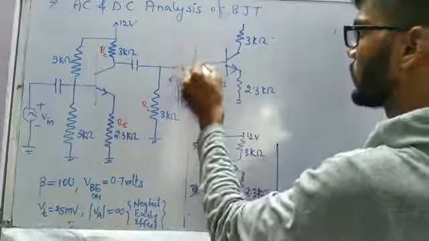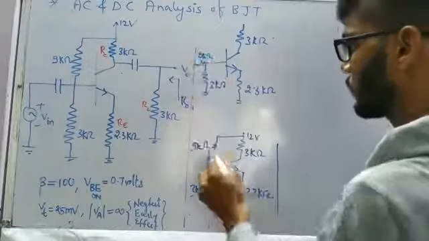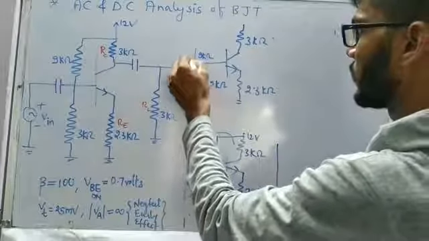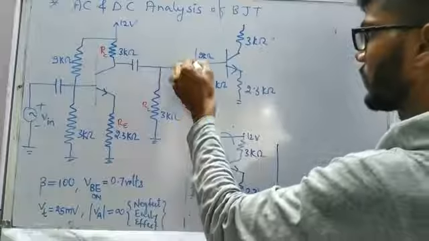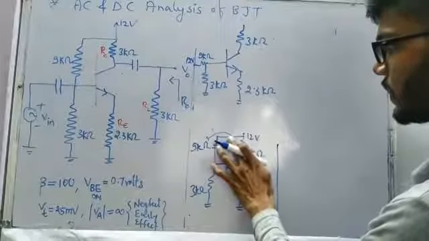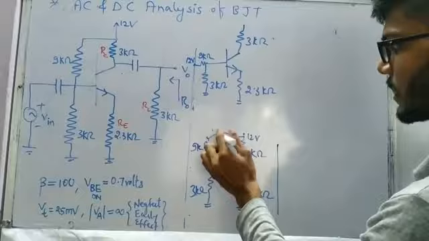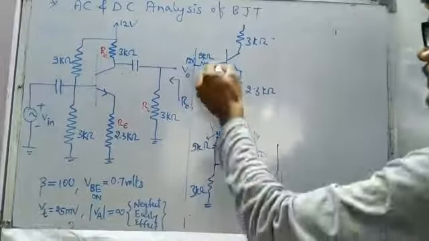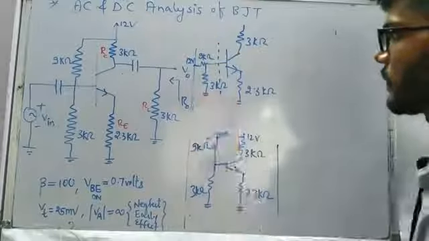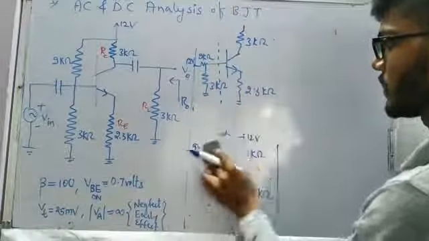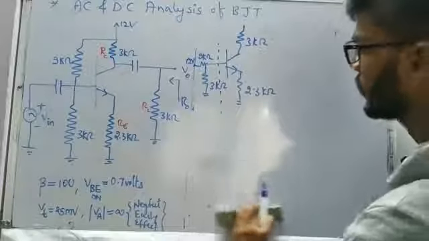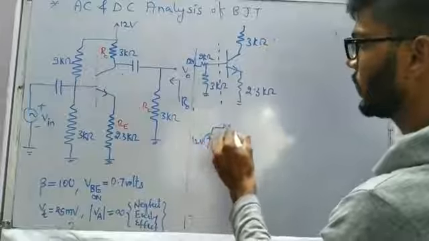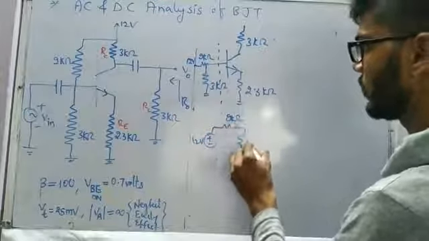What I am doing is simply taking this particular branch to 12 volt at this point, so that we can simplify it using the Thevenin equivalent circuit. I am doing nothing, just simply these two points are connected, so this is also at 12 volt, so I am drawing it here. The purpose is that I can make the Thevenin's equivalent circuit for these branches. So we have 12 volt over here and 9 kilo ohm resistance and 3 kilo ohm resistance.